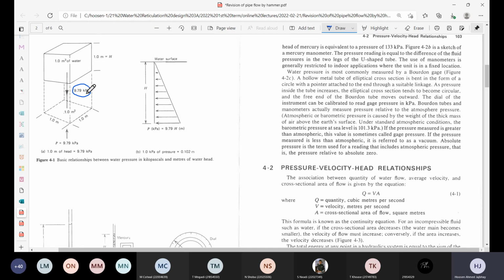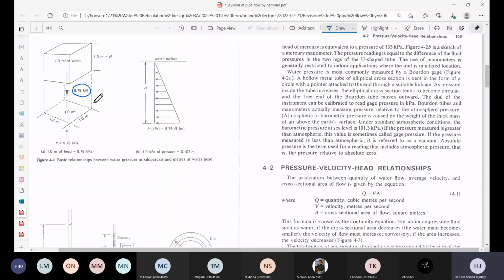Now we have a conversion factor between the two. If I want to convert from kPa to so many meters of water, so many meters high, that's the conversion factor: 1 meter height of water exerts a pressure of 9.79 kPa. So that's why we divide by the 9.79 every time.